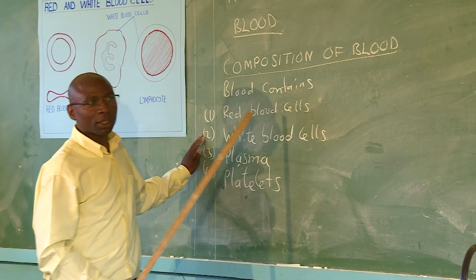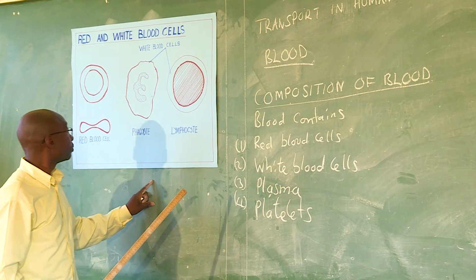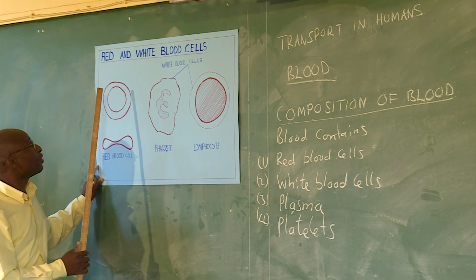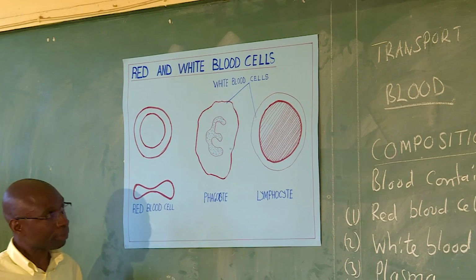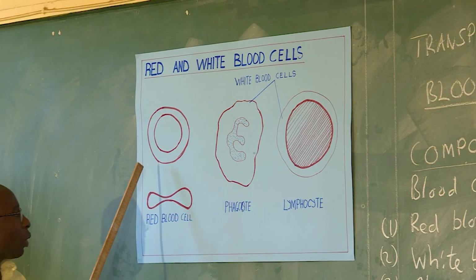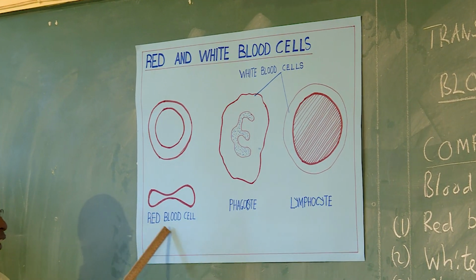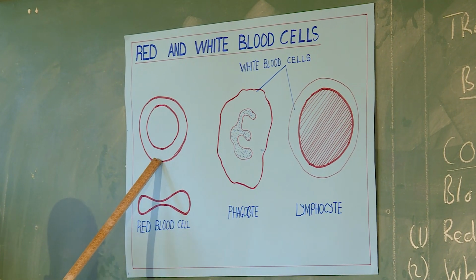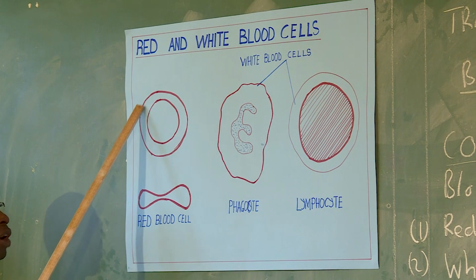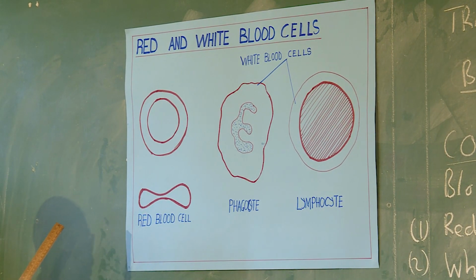Now, we look at the blood cells. Here I have a chart which is showing blood cells. We have the red and white blood cells. This one here is the red blood cell. When you view it from the top, that's how it looks, but when you view it from the sides, it looks like this.